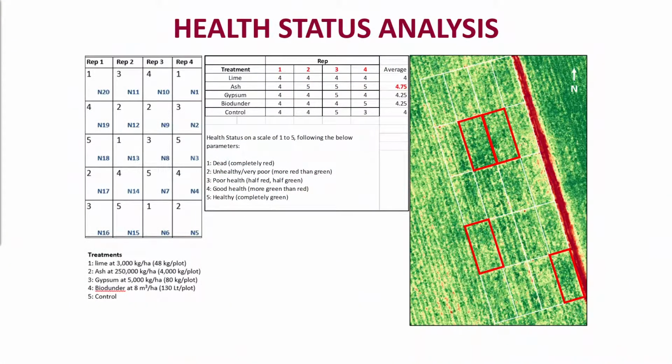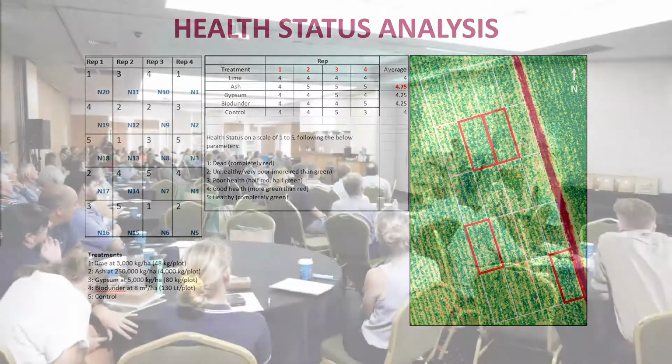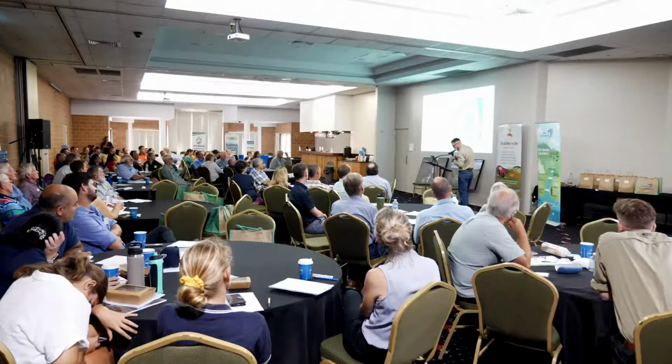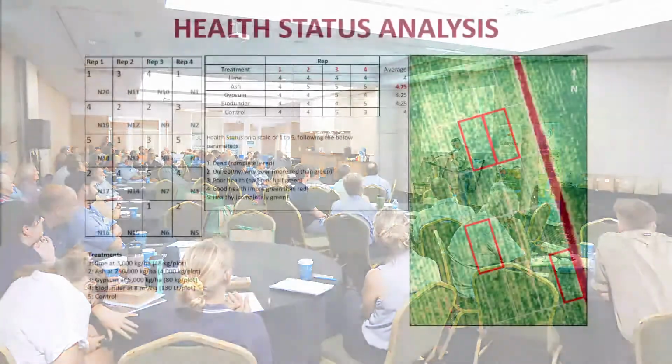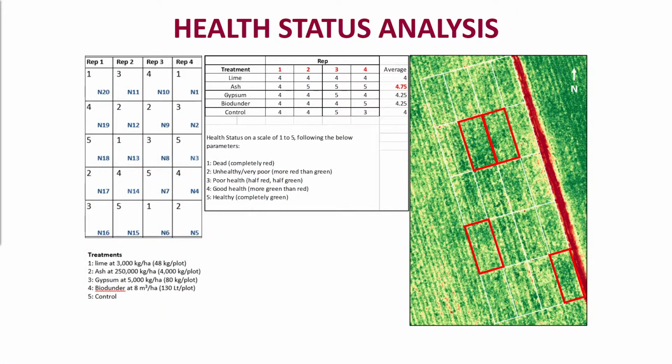I'm going to give them a score from 1 to 5, depending on their health status. 1 would be if it is completely red, but we didn't have any plots like that. 2 would be, you can see them here a little bit better, unhealthy or very poor. A score of 3 for poor health, like half red, half green. 4 would be good health, and 5 would be the darkest green, a very healthy plant from the plant health imagery.